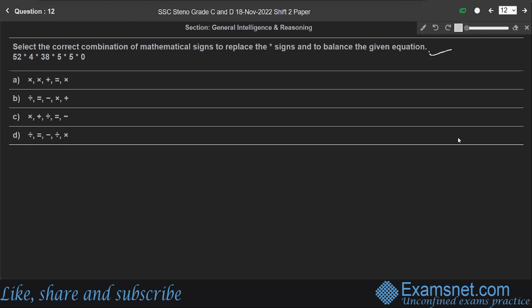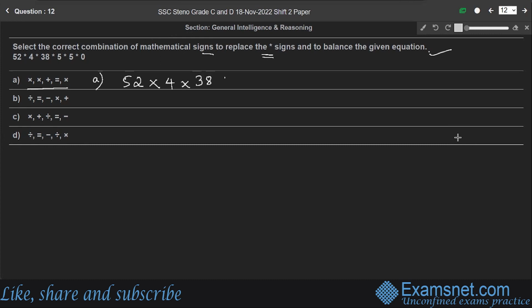Question number 12. Select the correct combination of mathematical signs to replace the asterisk signs and to balance the given equation. To replace the asterisk signs, we'll consider option A. Replace the asterisk signs in the order of option A. 52, first asterisk should be replaced with into 4, again into 38.